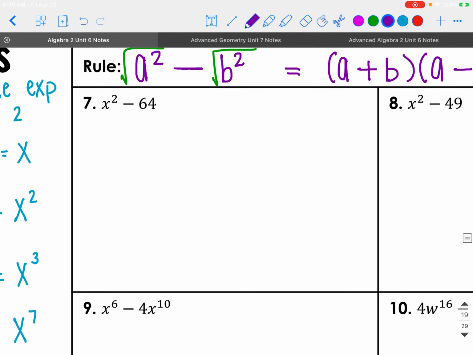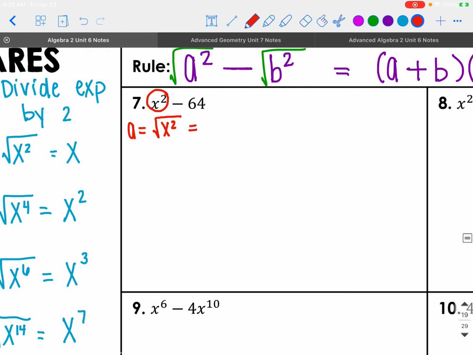So let's practice. Number 7. To find my a, I take the square root of the first thing, which is x squared. So what is the square root of x squared? Well, it's just x.